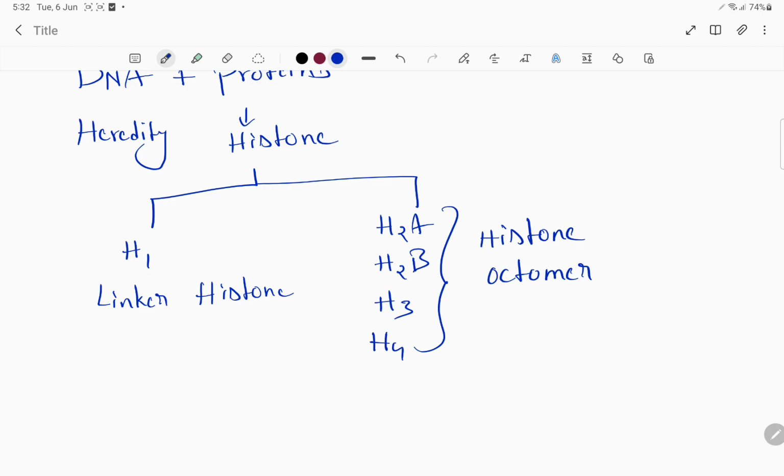So in metaphase you can see clearly what the structure is.